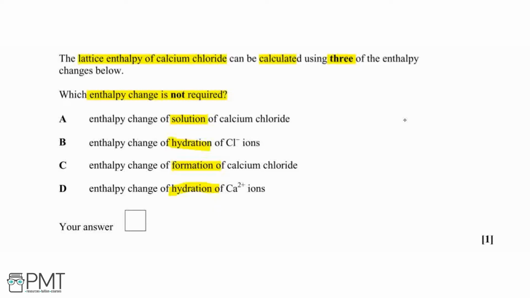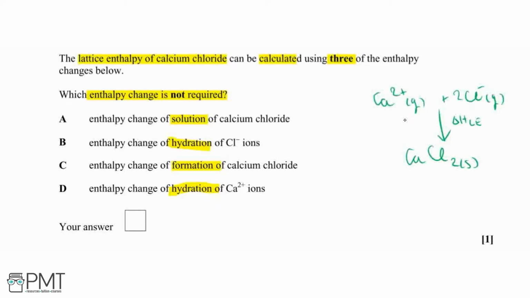we can see which enthalpy change we do not need. Our lattice enthalpy is forming our solid ionic compound from the gaseous ions. So I'll put our solid calcium chloride here, and then the gaseous ions at the top. This is our lattice enthalpy, and that's always exothermic, so I've drawn a downwards arrow.